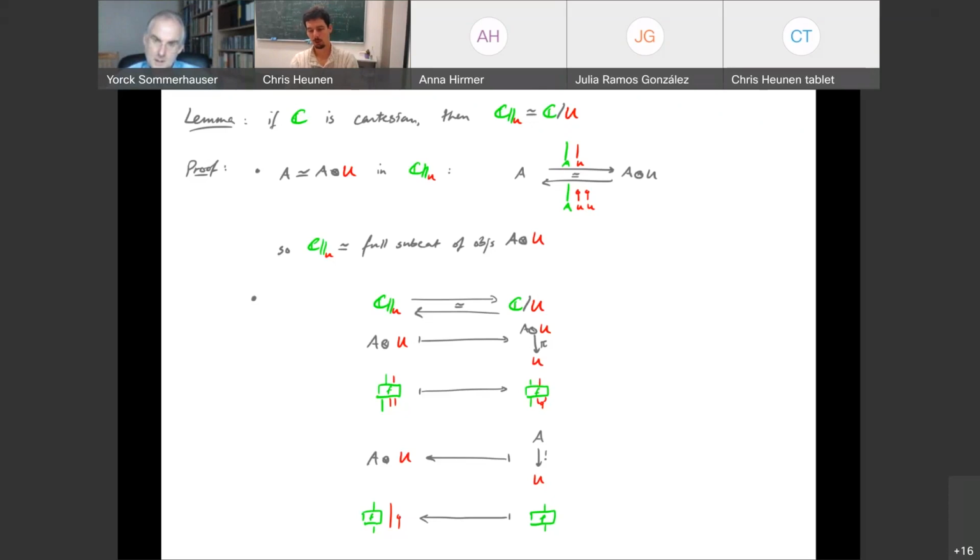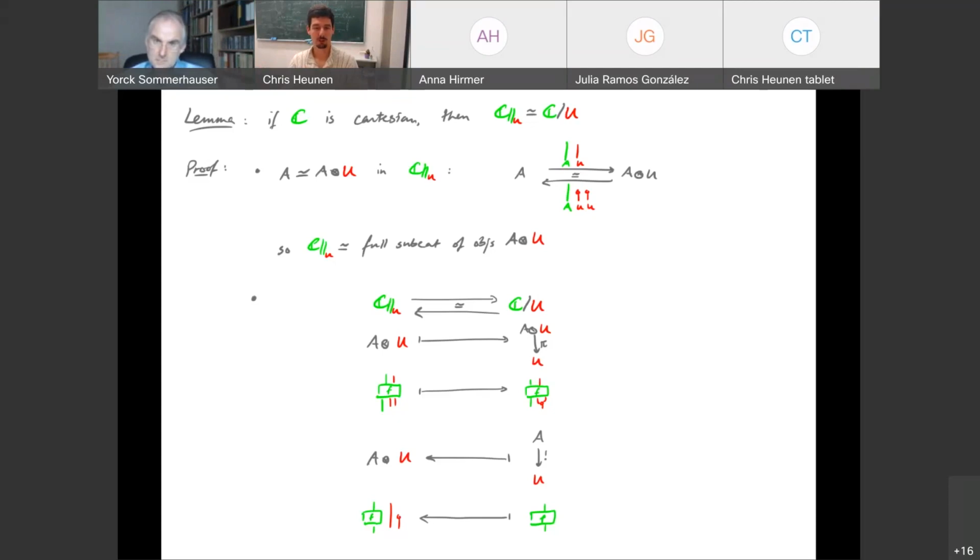And to go the other way, if I have a map from A to U, and it's sort of fixed which one that is because we're talking about Cartesian products, I'm just going to map it to A tensor U, and the same for morphisms. And if you calculate going left and then back, or the other way, going first right and then back left, both of them will be isomorphisms.